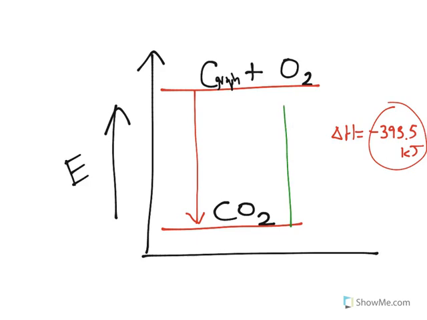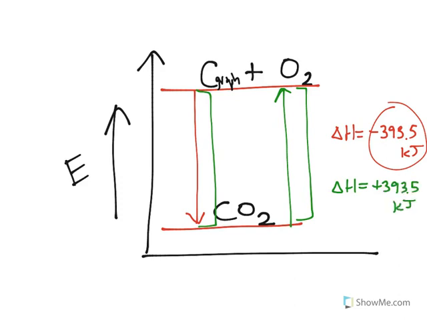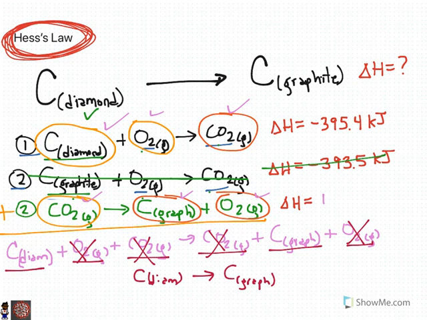Well, the reverse reaction is going to be the same amount of energy that was released to go from the graphite and oxygen to the carbon dioxide. Therefore, the reverse reaction is going to be the same magnitude, but opposite sign. So it's positive.